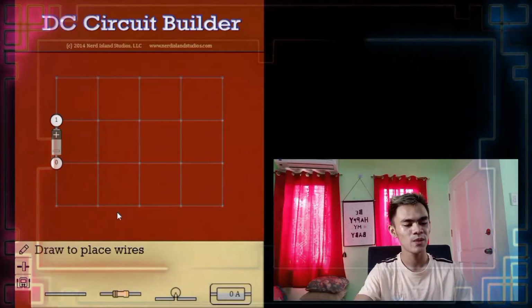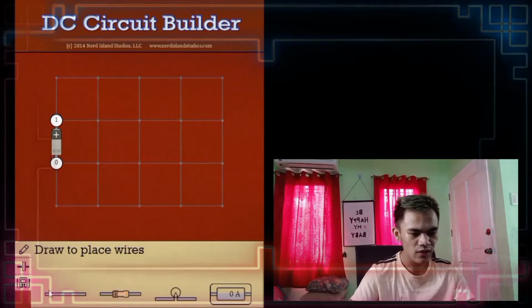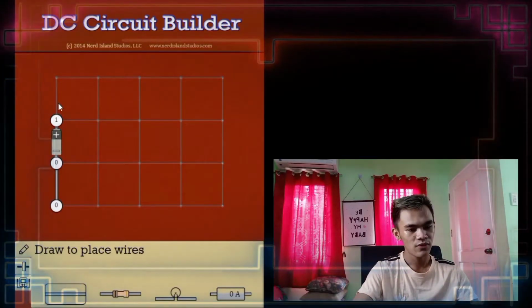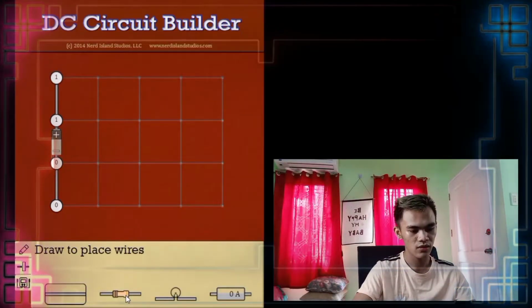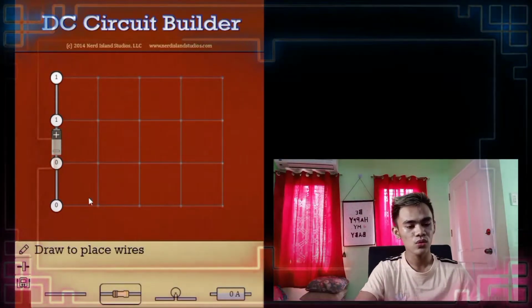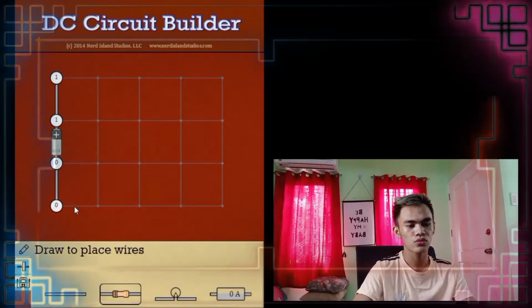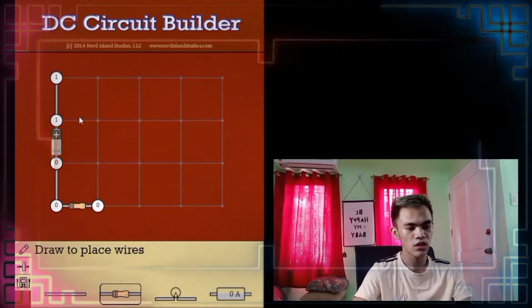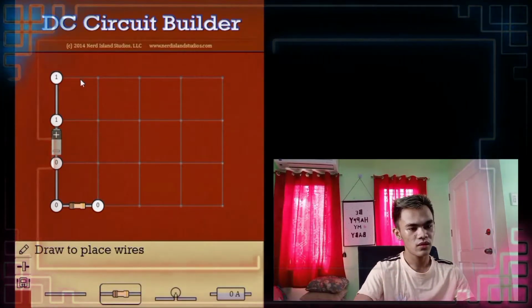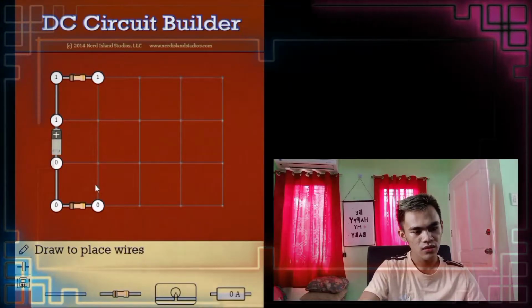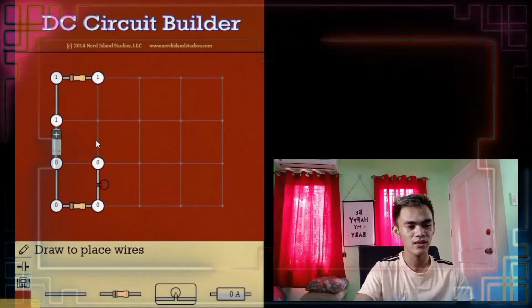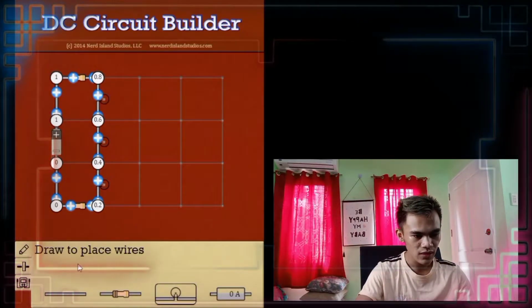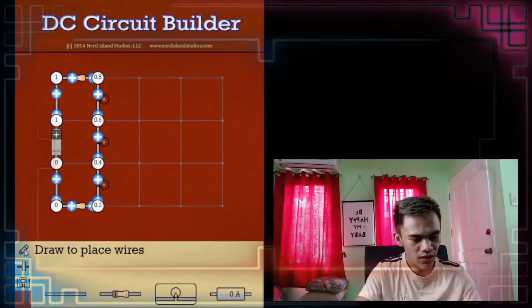Alright, so we're done exploring. We can put anything we want, just by dragging. From here, or the top one, and then the resistor, you can choose which place you want to put it. And that's it. Let's try to make a series circuit. Alright, so we have here a series, and why is it not lighting?